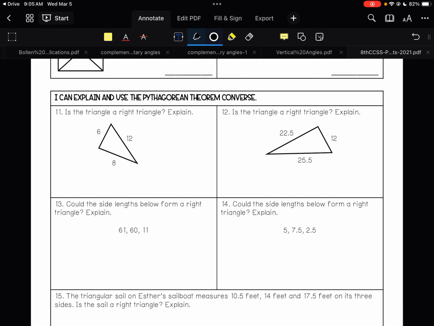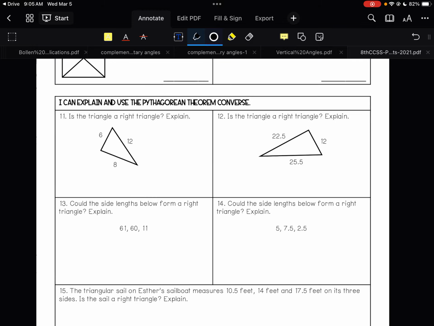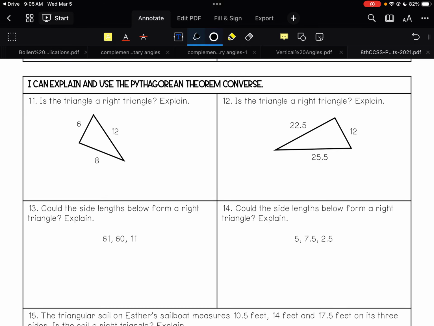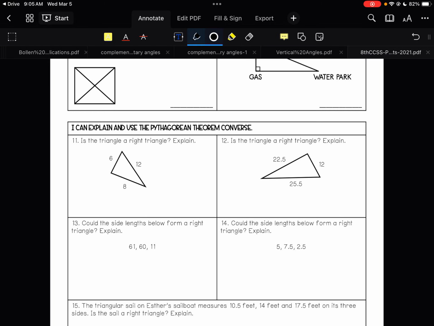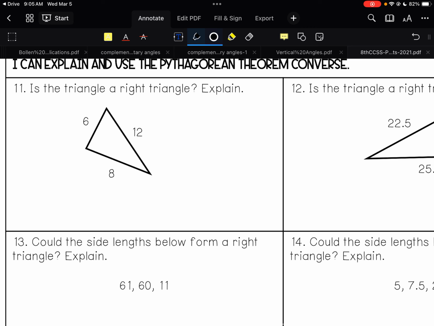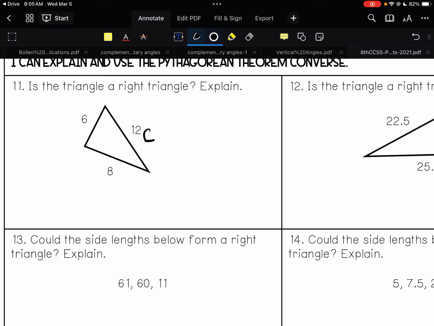I can explain and use the Pythagorean theorem converse. This is basically if they give you the measurements you're trying to see if it's a right triangle. So here, again, your longest side will always be C. And then you can label either one A or B. So you get A squared plus B squared is equal to C squared. You have 6 squared plus 8 squared is equal to 12 squared.